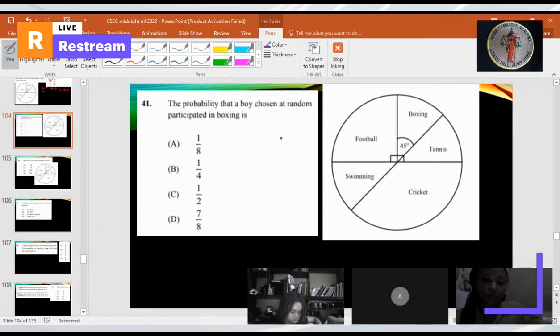Miss, I'm cutting the circle into more pieces. See boxing here? They give us the degree for boxing, never mind, I just realized. Okay, so it would be 45 over 360 degrees. So we would cancel that down to 1 over 8, which is A.